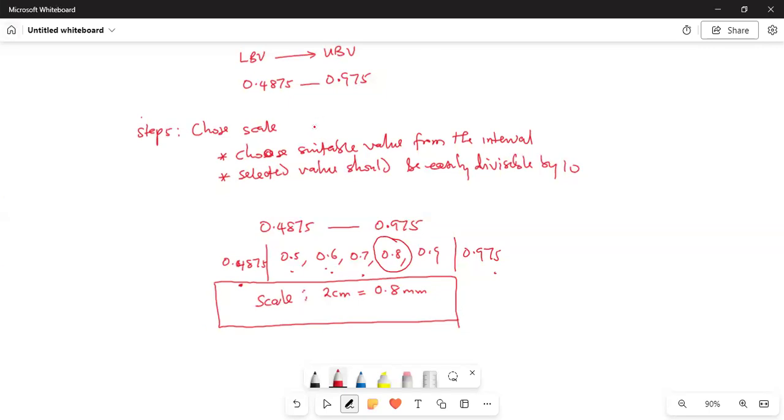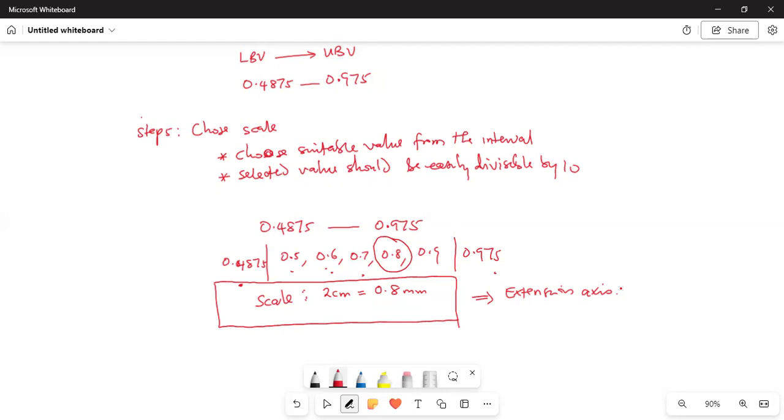So take note of that one. All right, so this is now going to be our scale for the extension axis. Any question? This one you don't need to even write it. It's just a rough work. You don't need to show this when you are drawing the graph. No, it's just a rough work. Okay.